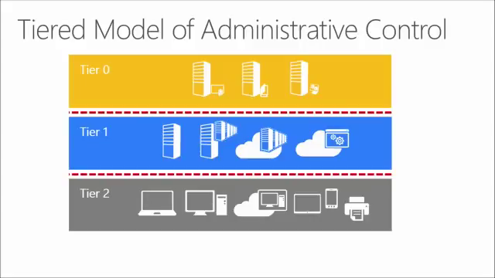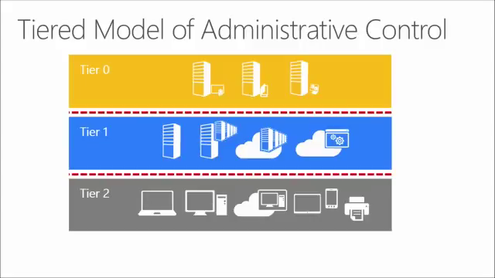And this tier model really separates the administrative levels to contain the risk, so that the administrator of a given device or workstation or any individual user device does not have the ability to escalate to become, through credential theft or other means, an administrator of servers and enterprise applications, and then neither of those have the ability to escalate through attacker tools and the like to become a domain or enterprise admin that has access to the entire password database.